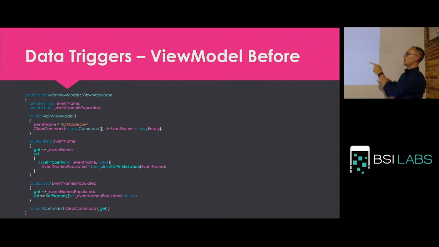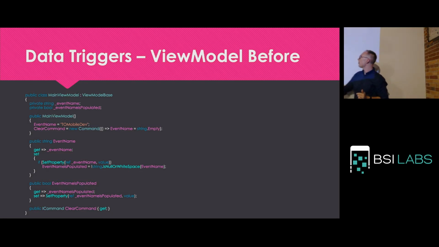The line underneath, EventNameIsPopulated: we're checking the value of the EventName string, and we're setting the Boolean value of this property. And we're telling the screen to redraw again when we set that value.